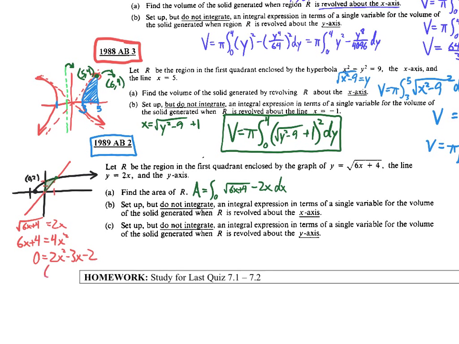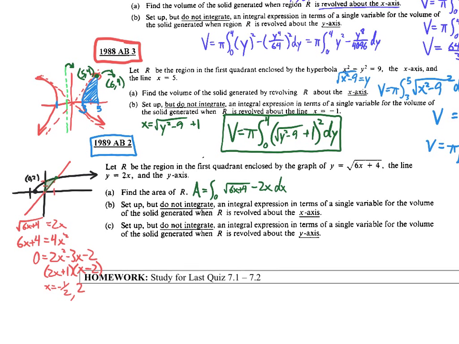That factors into 2x and x, and that's going to be a minus 2 and a plus 1. So at x equals negative 1/2 and a positive 2.